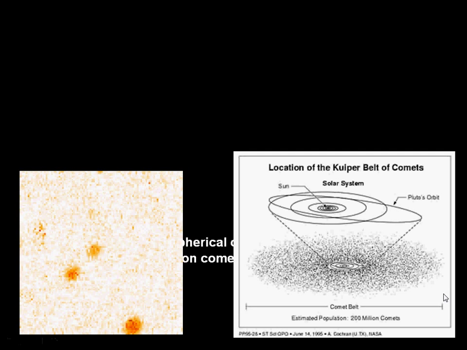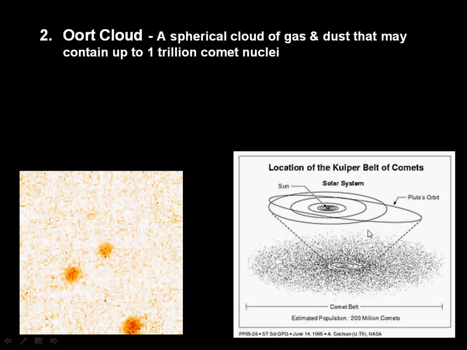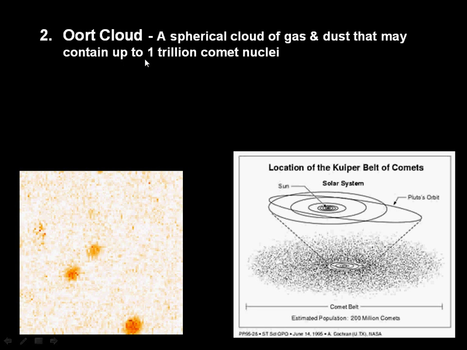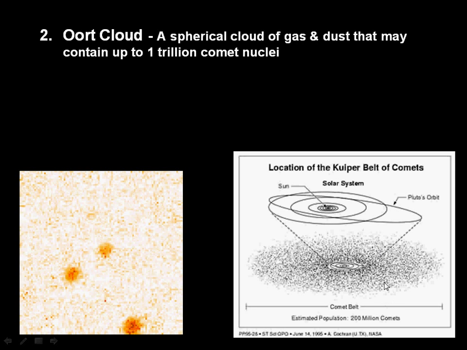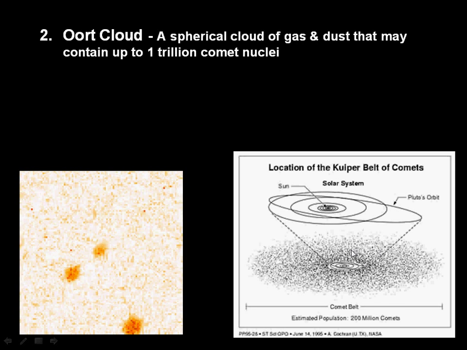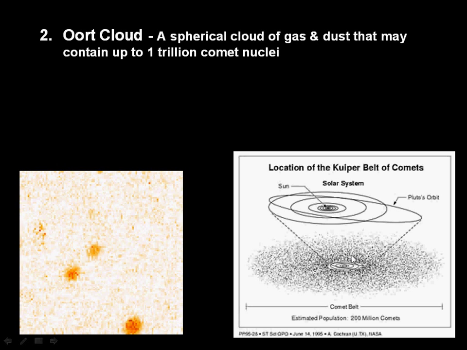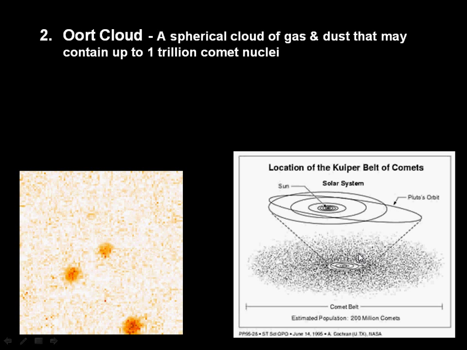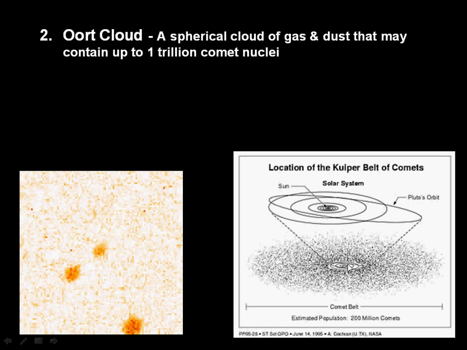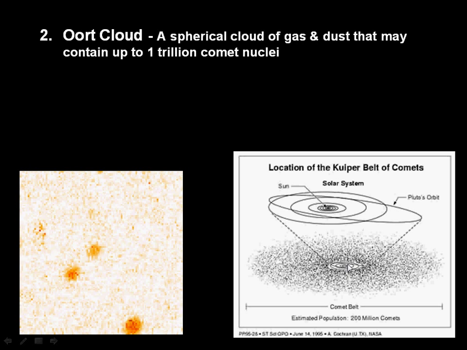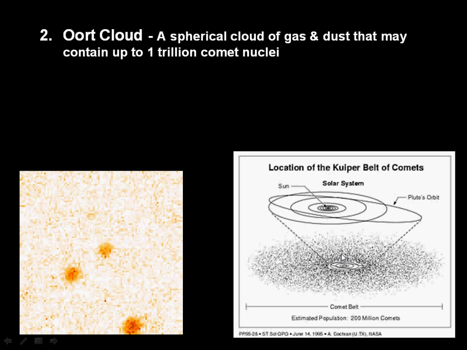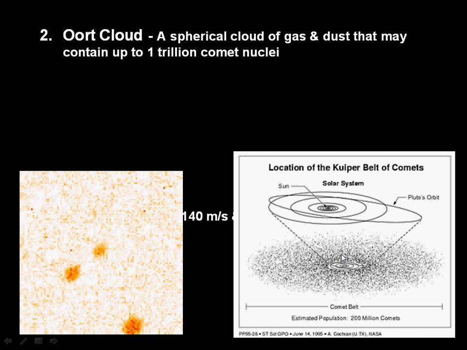So if we look at the Oort Cloud, the Oort Cloud basically is an area that we think has as many as 1 trillion comets. And it's, again, bits and pieces of ice and rock, flying around out there.